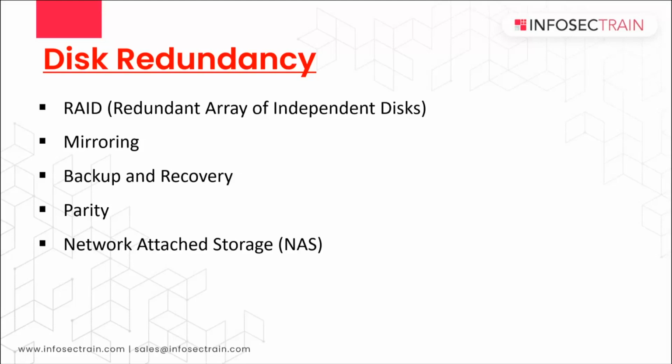Then what about next? Storage area network, SAN. SAN is a dedicated network that provides block level data access to multiple servers. So SANs often include redundant disks, power supplies, and other features to improve reliability.